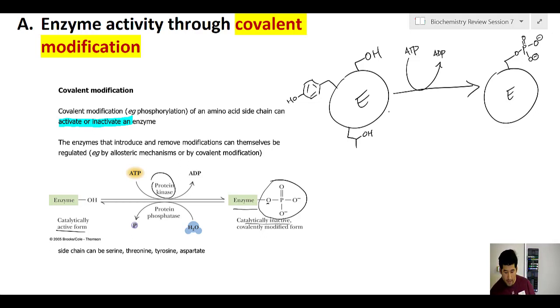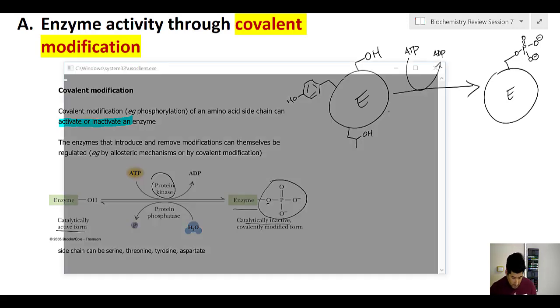Okay, so if you phosphorylate an enzyme, does that mean that you've activated or deactivated the enzyme? It means neither. It depends on the enzyme. Good job. So does it depend on the enzyme, yes or no? Yes. So if you phosphorylate an enzyme, do you know if you've activated or deactivated it? It depends on the enzyme, so no is the answer.